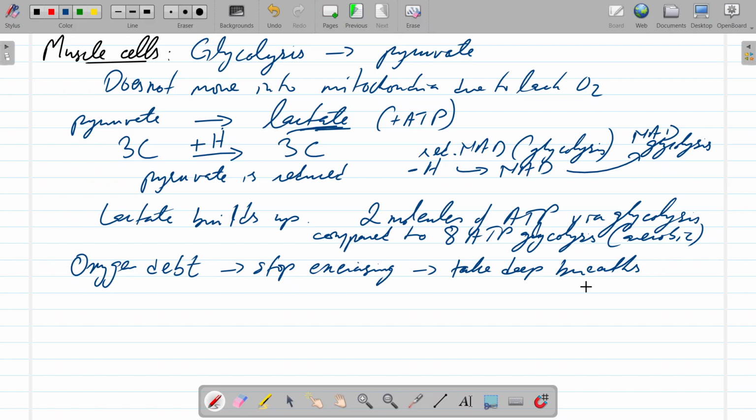It could be 10 minutes, 15, half an hour, depending on how severe it was and overall body health. And so you're actually taking in a bit of extra oxygen for some time compared to what you would normally.